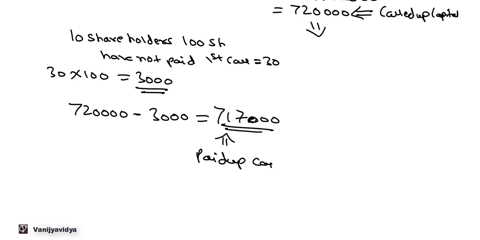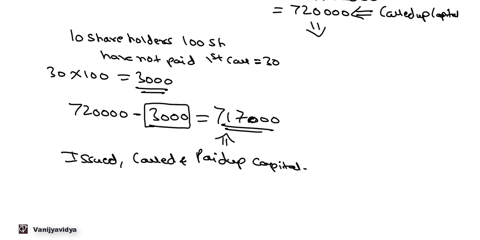So paid up capital is that the shares are issued for them, then called, and it is paid. So it is known as issued, called, and paid up capital. Now this 3,000 are unpaid calls, or they can also be known as calls in arrears.